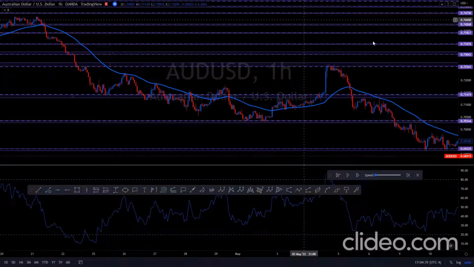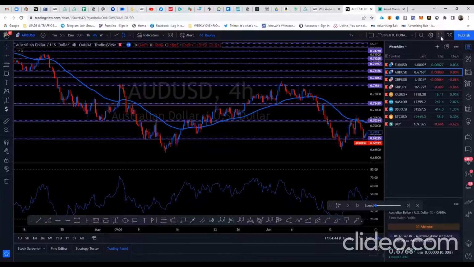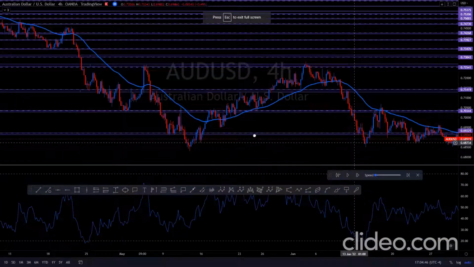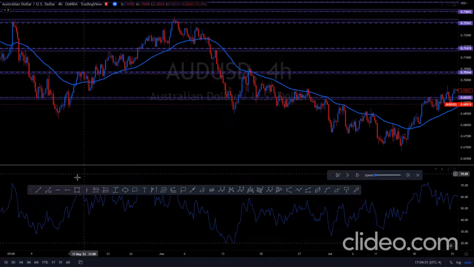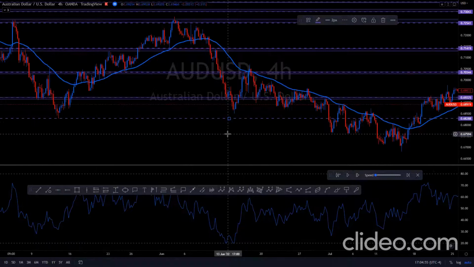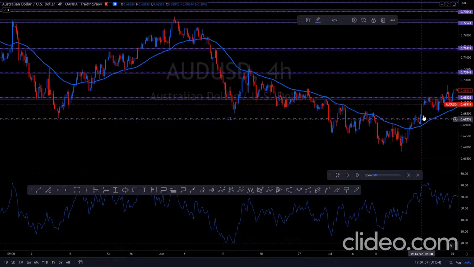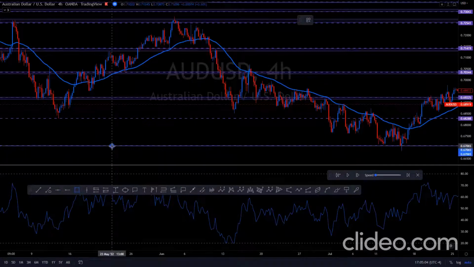And we're going to go to the 4 hour. There was a base supply zone, demand zone here. Price respected it, went up to here. And then we had one down here as well. So this is on the 4 hour.